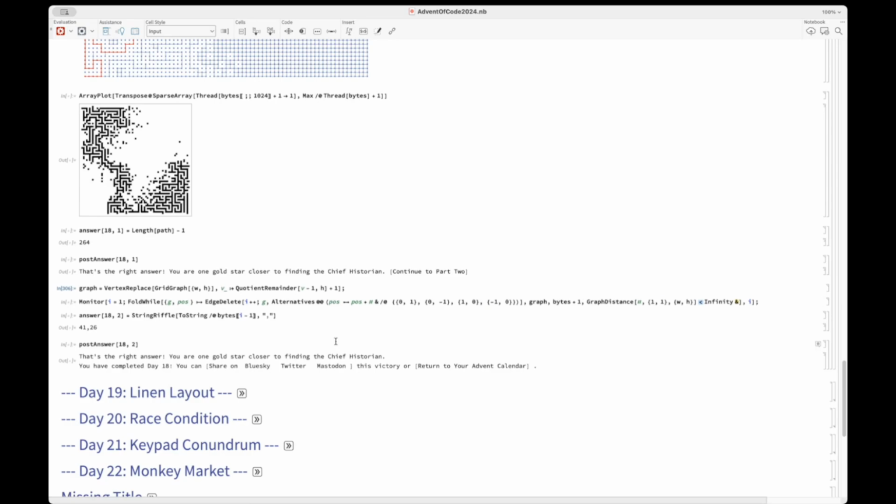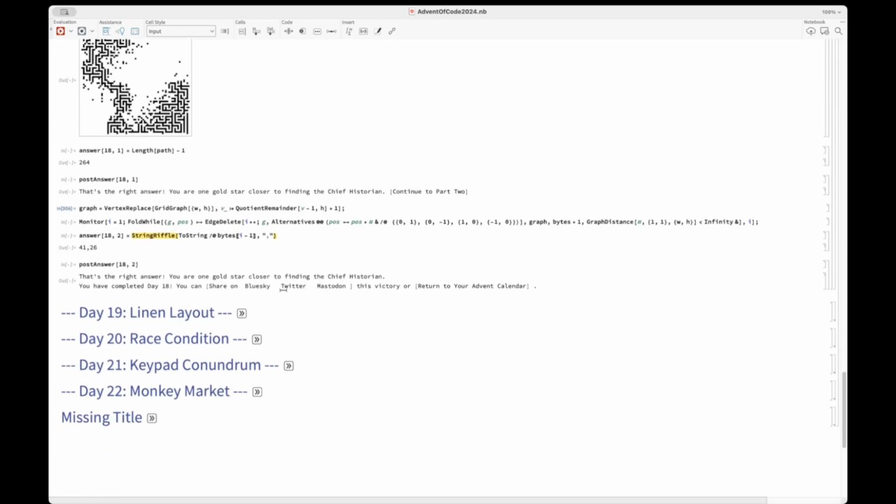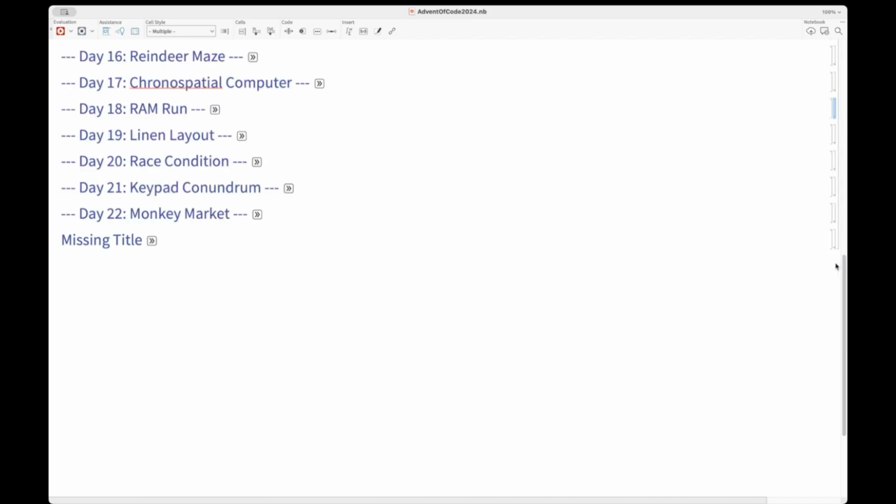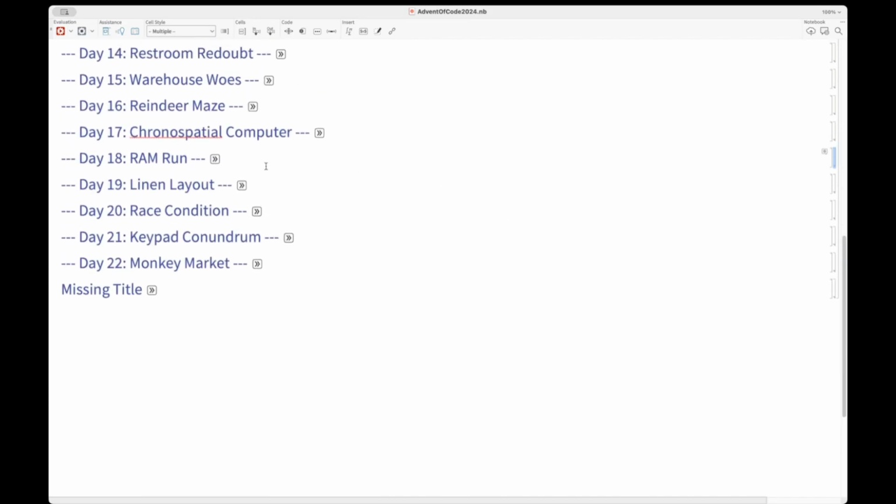So the task is to find how many bytes, and at which position was the last byte that is blocking the path completely, right? Because at some point there's no path, and the maze is completely blocked. So that's just a simple one-liner. I think it was reasonably fast, but maybe could have done better. But anyway, all right.